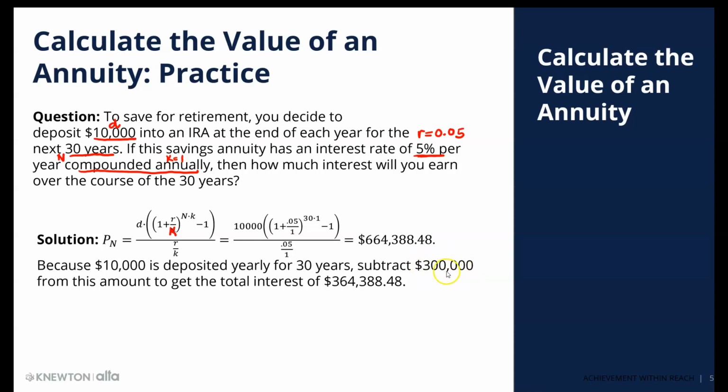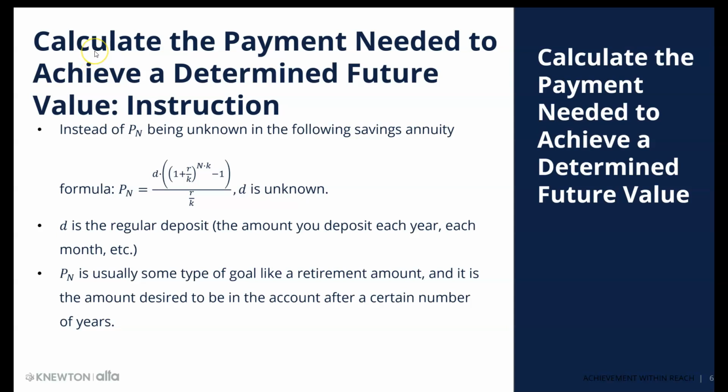And then from 664,388.48, which is the accumulated amount in the account after 30 years, we subtract this total amount you deposited. So get the difference between these two. The answer is $364,388.48.